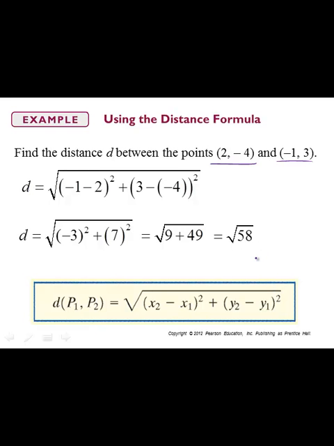But if you would like a nice decimal approximation, you can plug that square root of 58 into your calculator and get 7.62. So 7.62 units is the approximate distance on the plane between these 2 points.